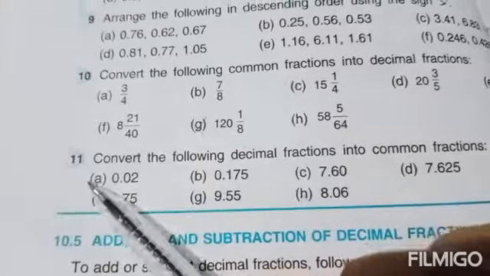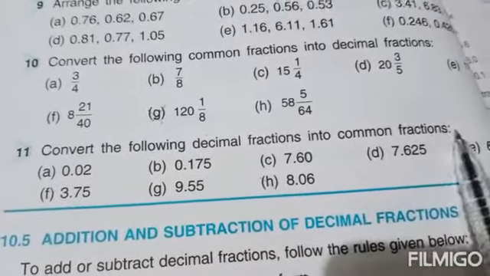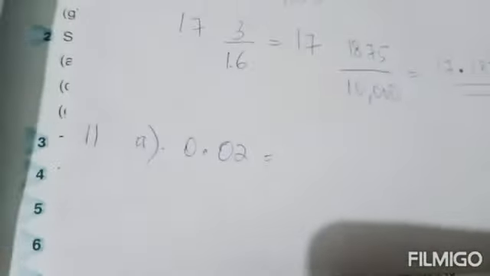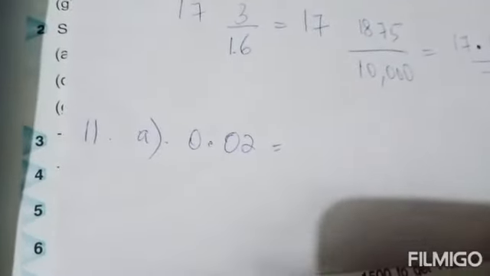Next, 11th question. Convert the following decimal fractions into common fractions. A. 0.02. So this decimal fraction is given. You need to convert this to a common fraction, that is, in fractional form you need to write.